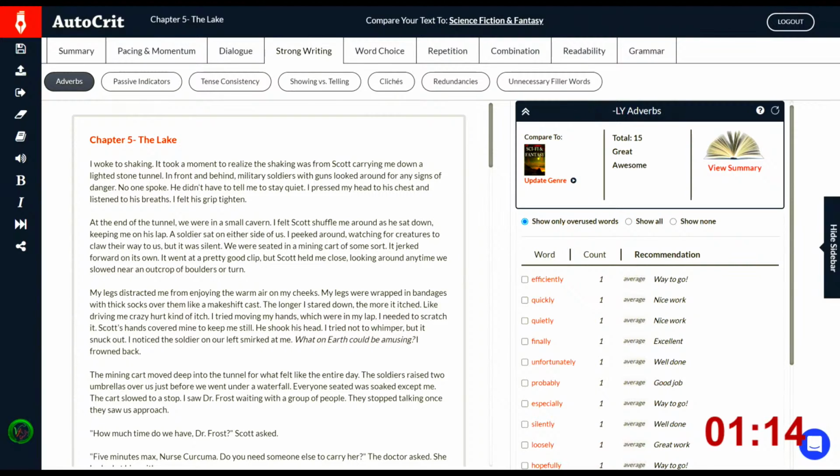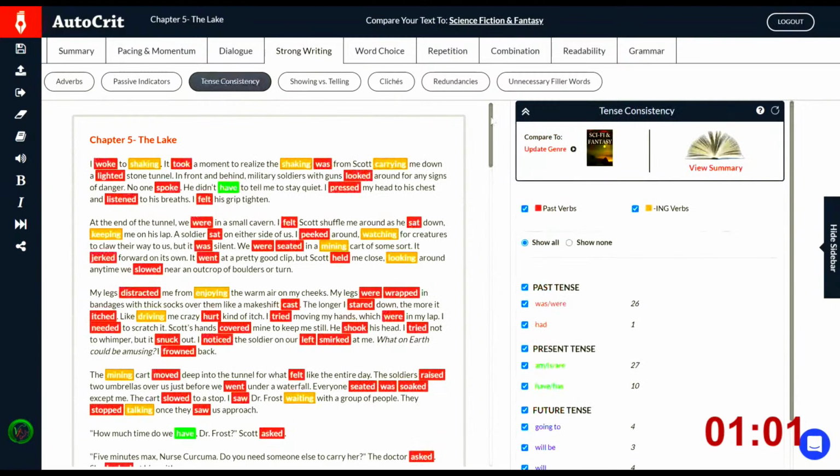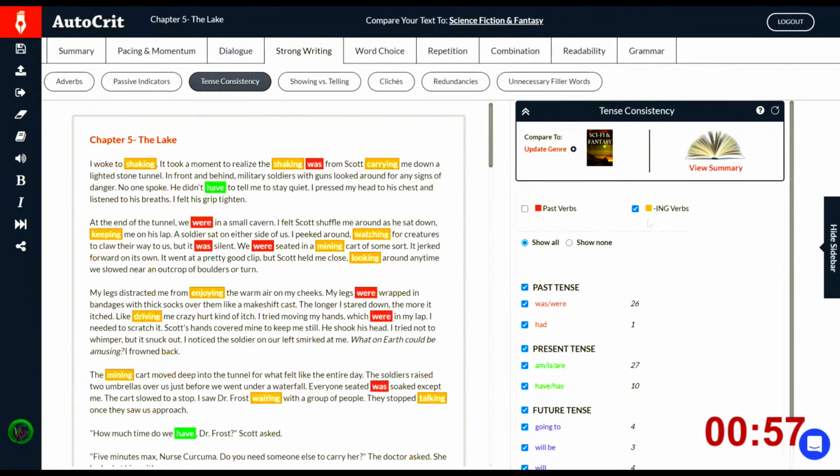So mostly what I'm going to do, and in fact, that's actually going to be next, is we're going to really dig into our passive indicators. We can look at tense consistency real quick. We do have some ing verbs. So shaking, woke to shaking.